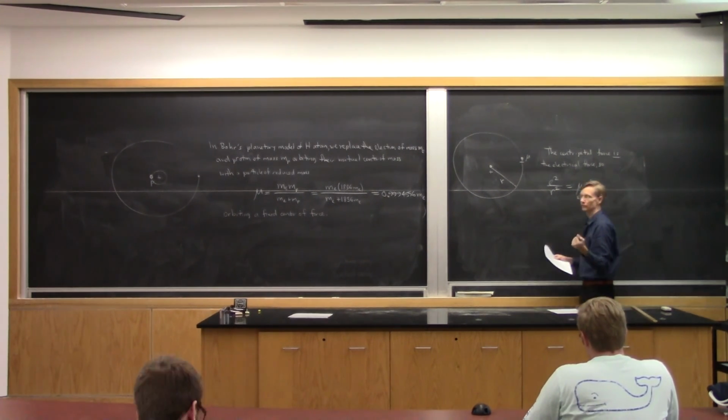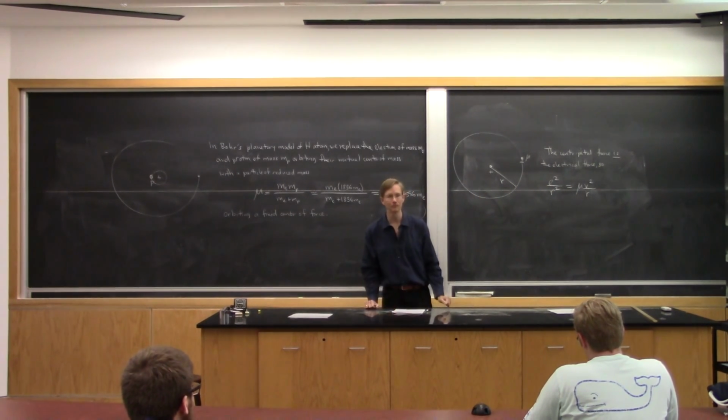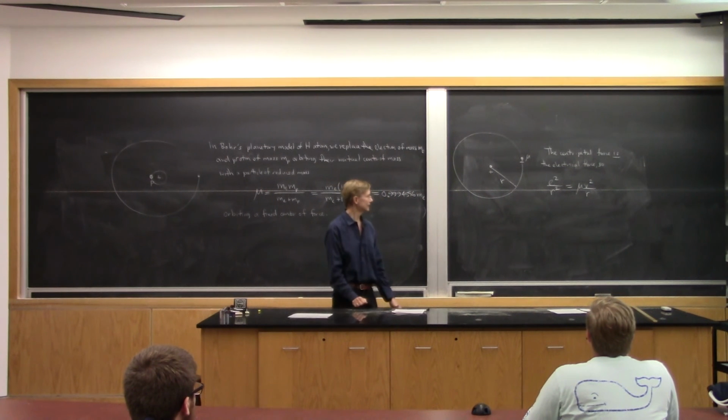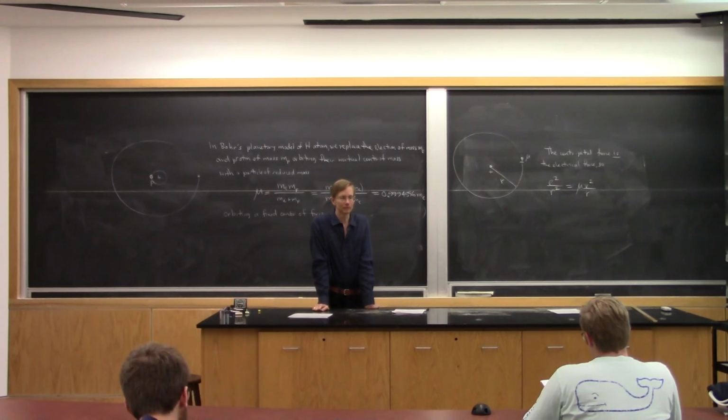Because the centripetal force is mv squared over R. In this case, it's mu v squared over R since it's the reduced mass. So E squared over R squared is mu v squared over R, which says that the electrical force of attraction is providing the mass times centripetal acceleration, the force that's causing the acceleration. And so the ma, in other words, is mu v squared over R for uniform circular motion.